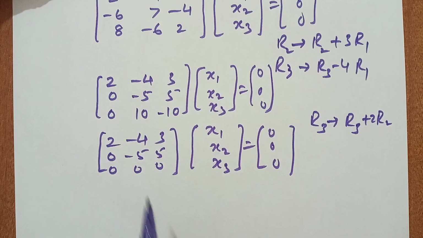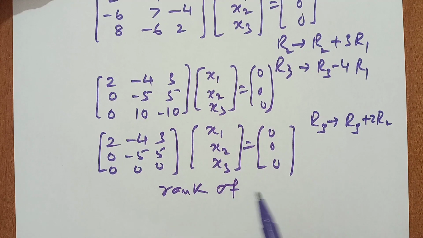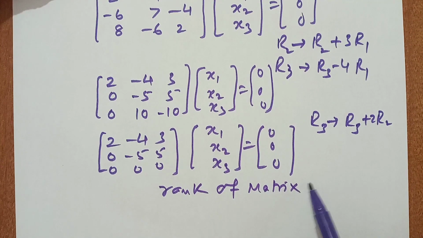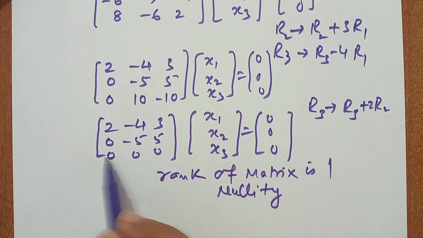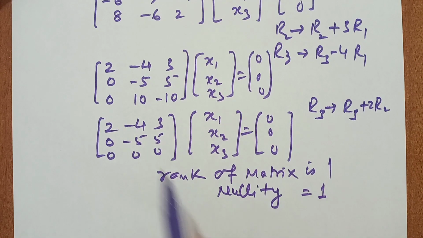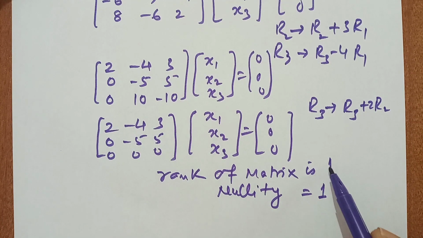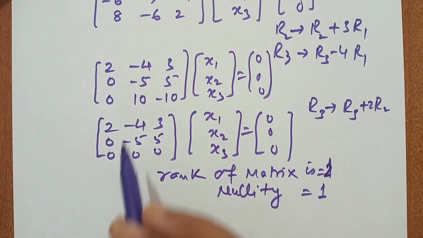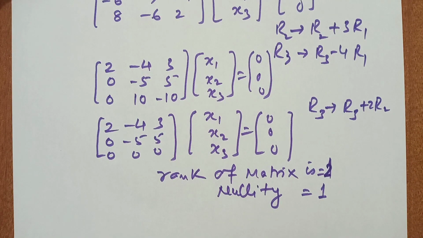Here we have calculated the rank. The rank of the matrix is 2, because the number of non-zero rows is 2. The nullity is the order 3 minus the rank 2, so nullity is 1.